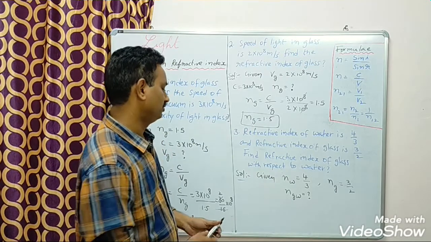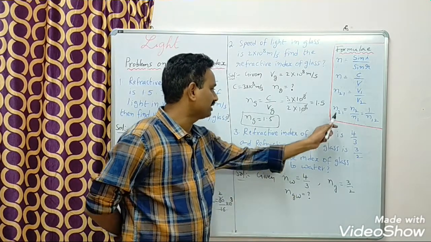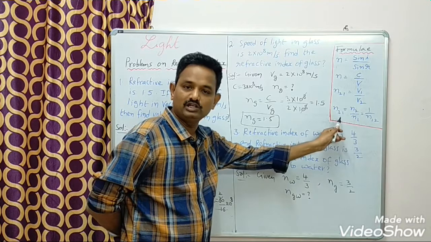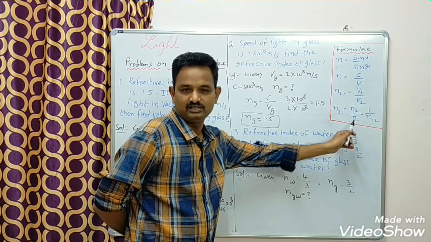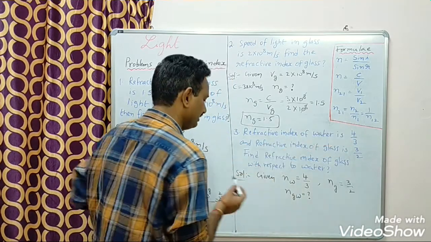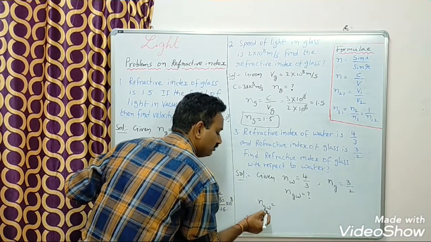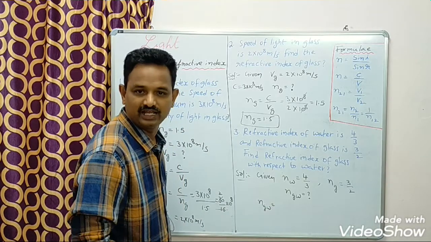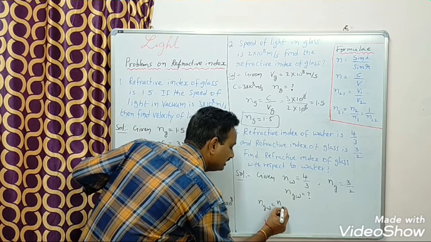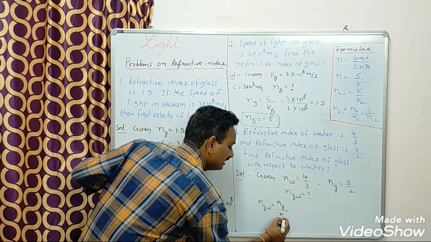So if you observe the formula here, we can write n21 equal to n2 by n1. We can apply this one. Refractive index of glass with respect to water, like n21 equal to n2 by n1, like that I can write ng by nw.